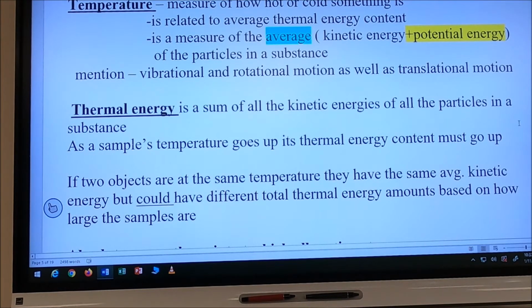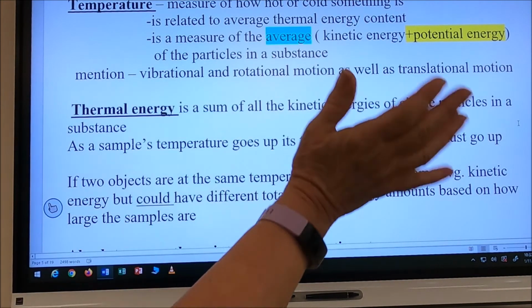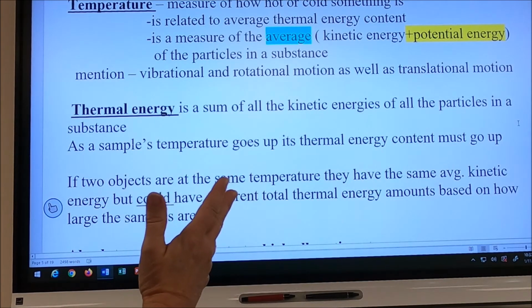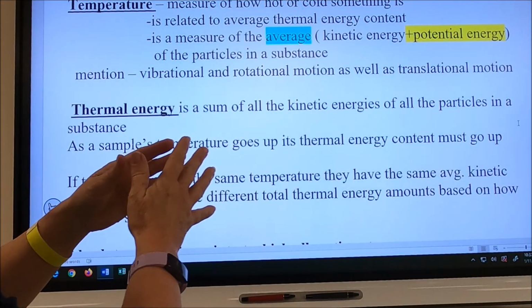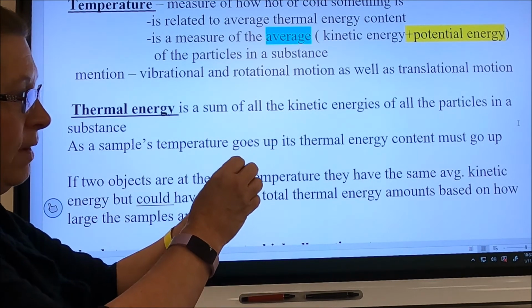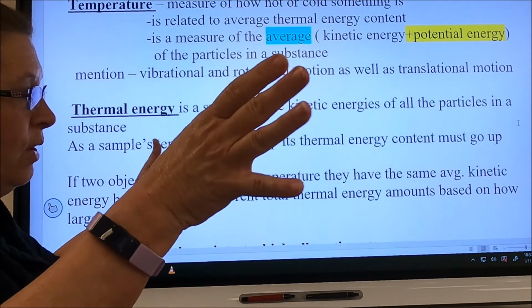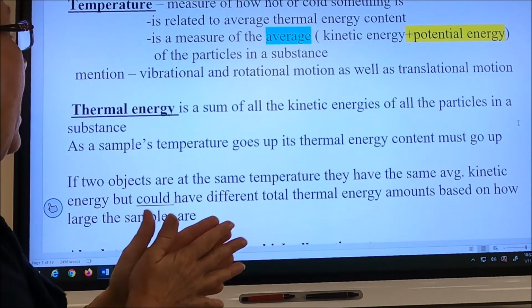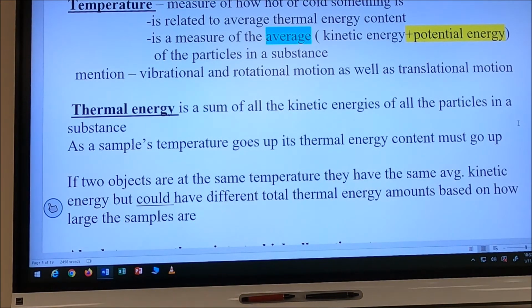And if you think about vibrational motion, remember that the energy is always going back and forth between kinetic and potential. Because as they move out, they start out moving fast, and then they slow down, and then they stop, and then they start moving back in. Okay?